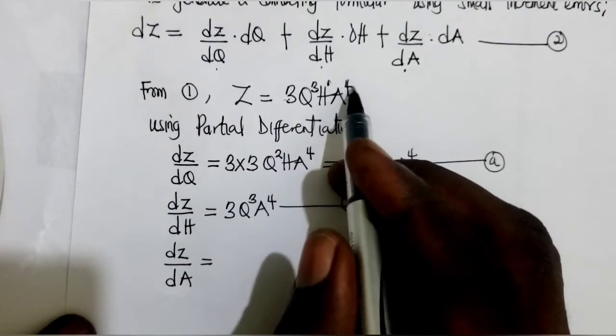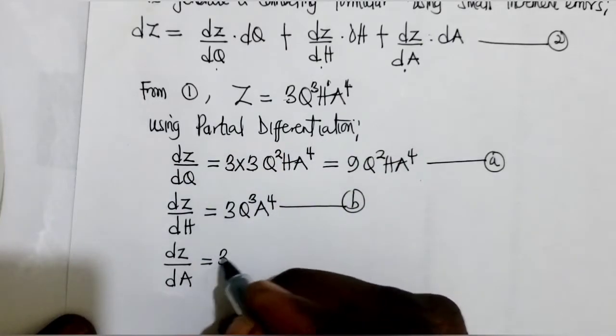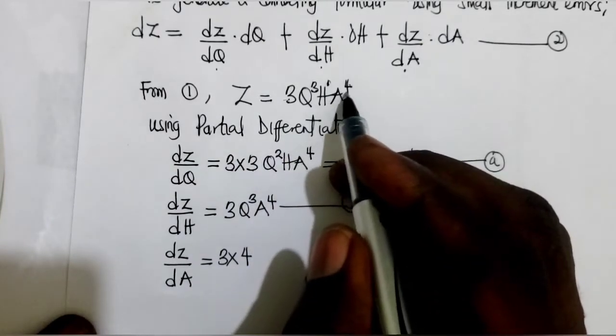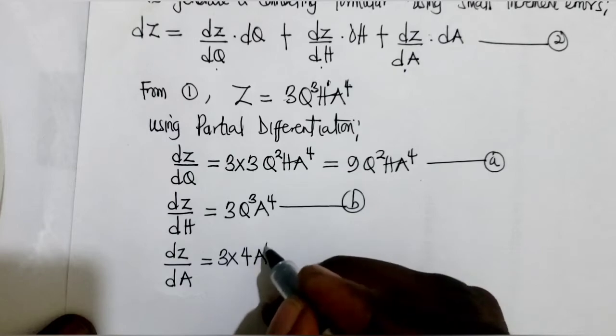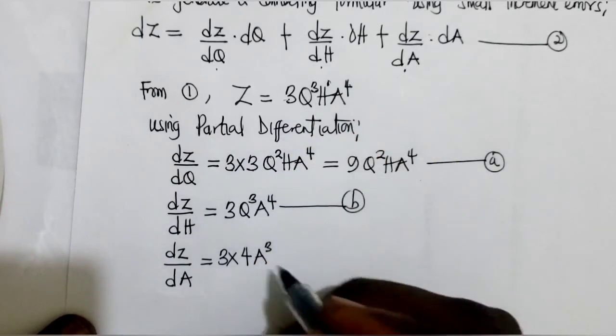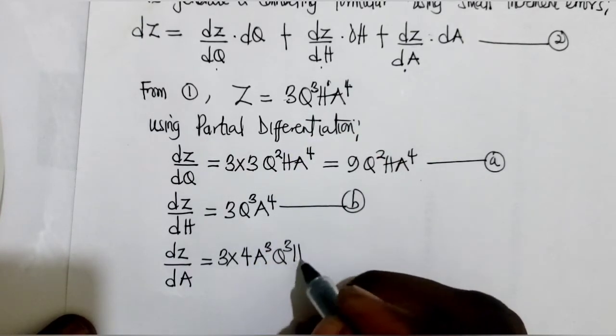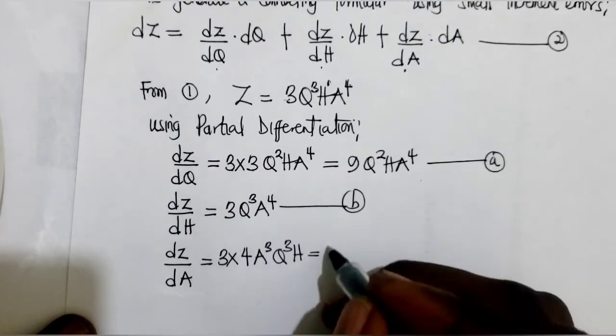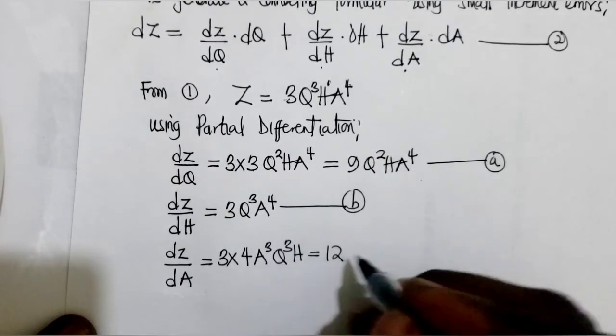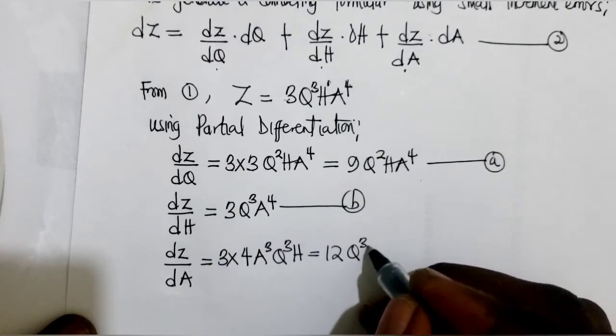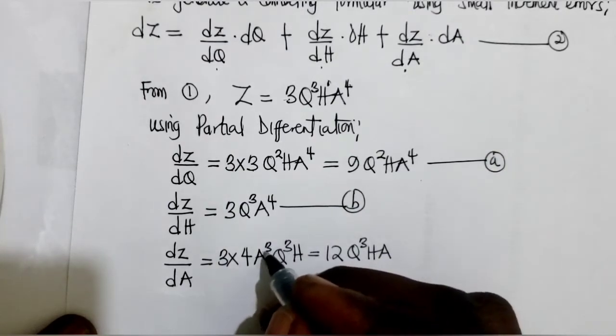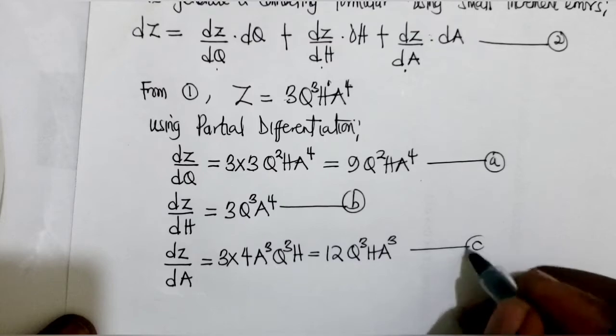In A, 4 will multiply this 3, which is 3 times 4. You subtract 1 from the power of 4, it is left with A raised to power 3. Then you put your other variables, Q raised to power 3 and H. Then you can rearrange: 4 times 3 is 12, Q raised to power 3, then H A raised to power 3.